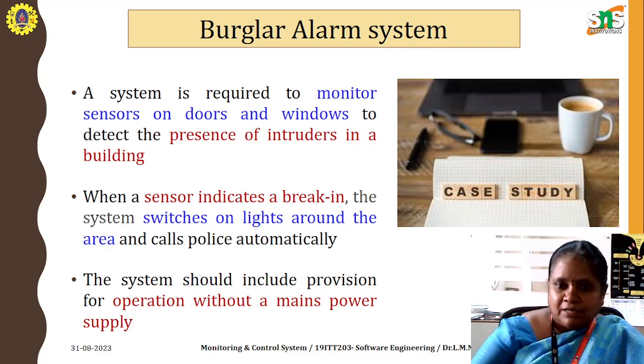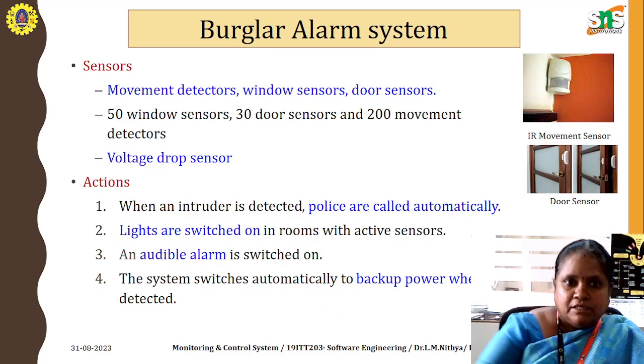So your burglar alarm system should also work when the power goes off, and it also senses the break-in by means of monitoring the sensors in doors and windows. And when somebody enters, it automatically switches on the lights around the intruded area, and also it calls the police automatically by making a siren or sending a message to them.